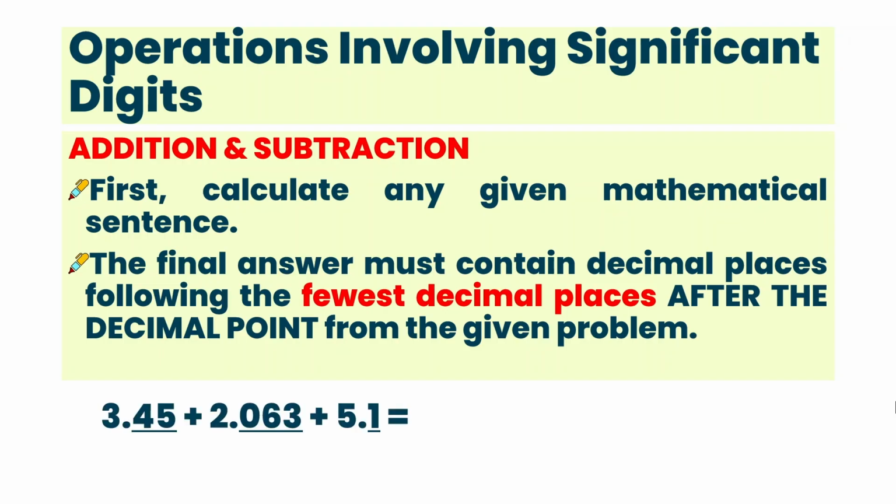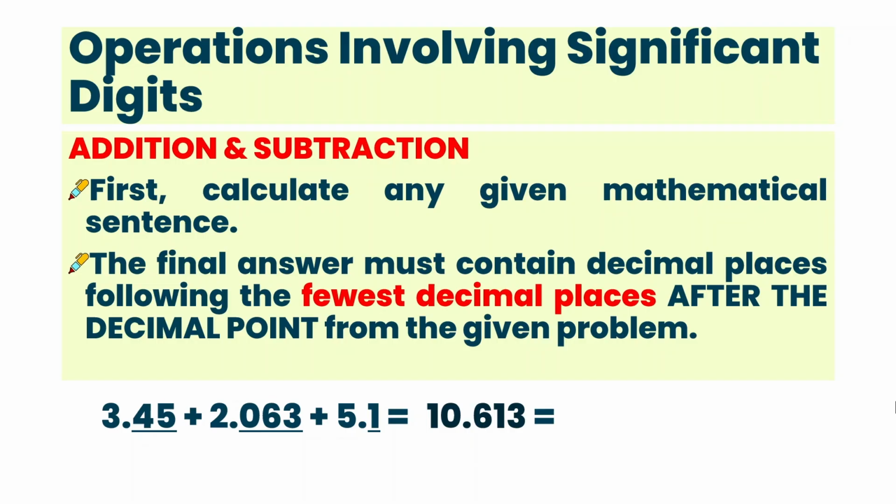Example, 3.45 plus 2.063 plus 5.1. So if you calculate this using your calculator, or you add them, if you already written this in your paper and then you calculated the value, that would be 10.613. But this is not the final answer. We must apply the rules of significant figures or digits in addition and subtraction.